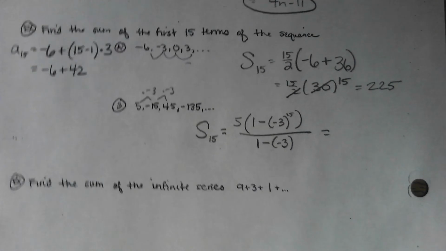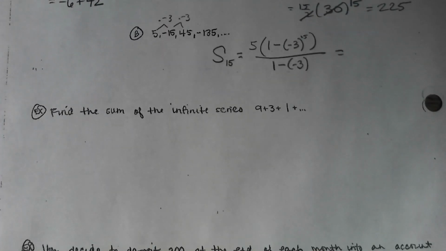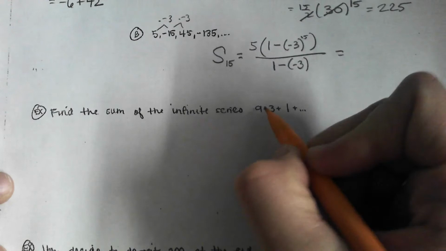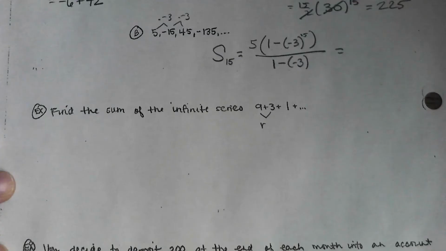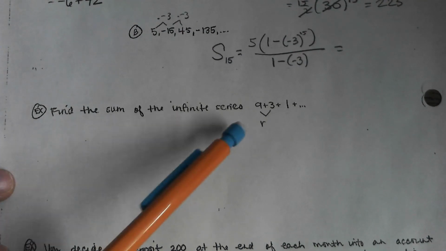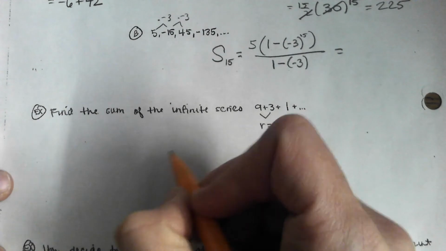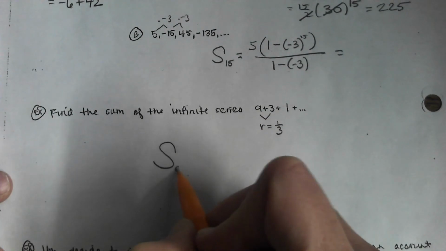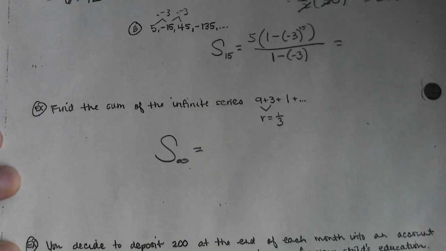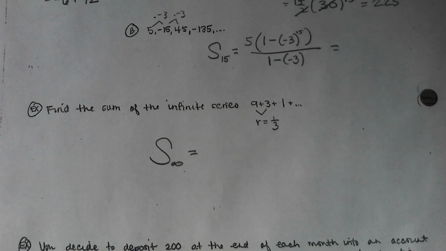And then finding the sum of the infinite series, that's that special equation. So your R value has to be between -1 and 1, and what is it here? 1/3, good. So your sum of your infinite series, I don't know if that's proper notation, but I'm going to do it so we know sum of infinite number of terms.